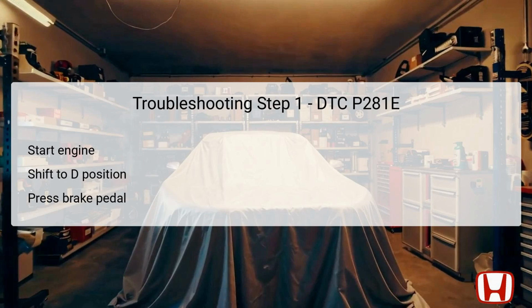This step initiates the function check of the solenoid valve by allowing the TCM to operate the transmission under its intended setting. Monitoring the system's response during this phase provides valuable data on the current state of the transmission control systems, which is critical for diagnosing the error effectively.